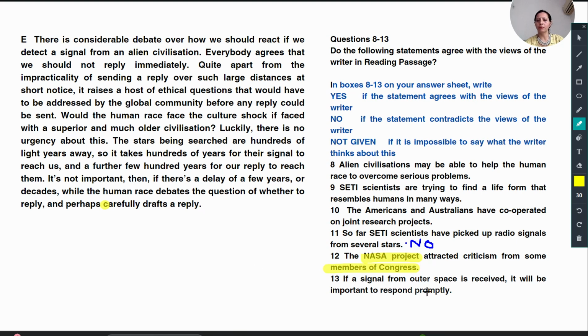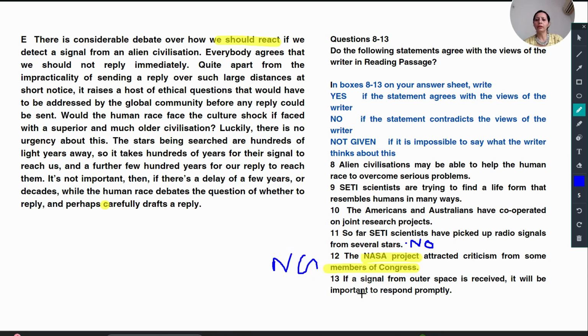If a signal from outer space is received, it will be important to respond promptly. So this 13 number question is here. It is important to respond. How we should react means it is important to respond. So it means 12th is not given. Okay.